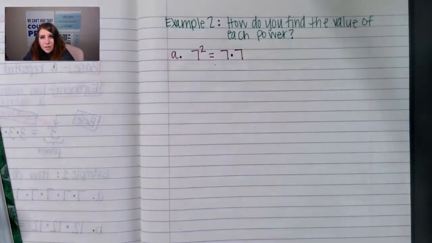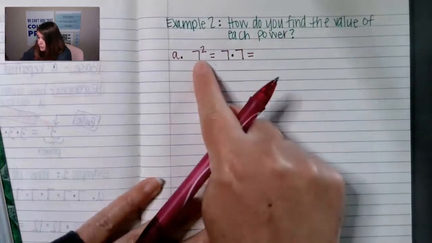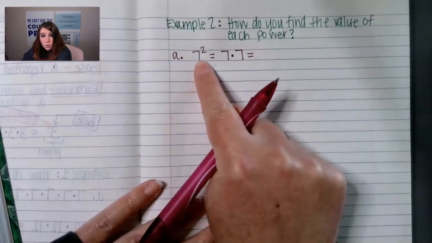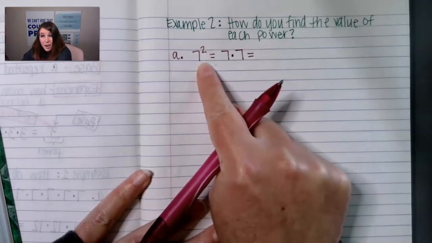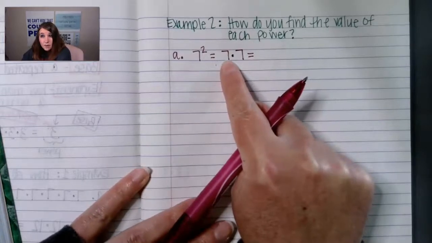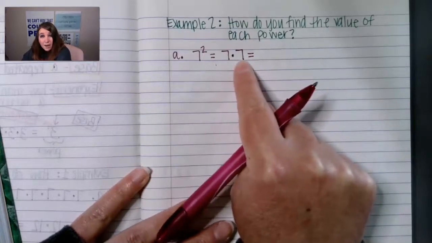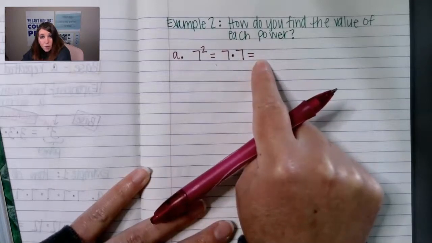What is 7 times 7? Well, we know 7 times 7 is 49. So we're going to write 7 to the power of 2, or 7 squared, which is what they gave us. That's the power. We want to know the value. Well, the value is these 2 factors multiplied together in order to get the product.